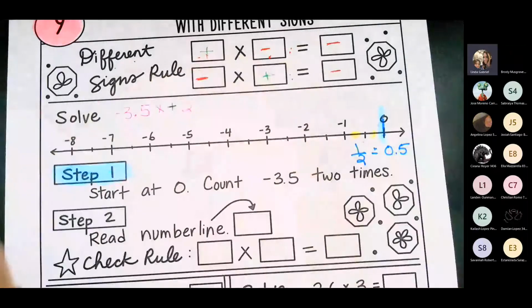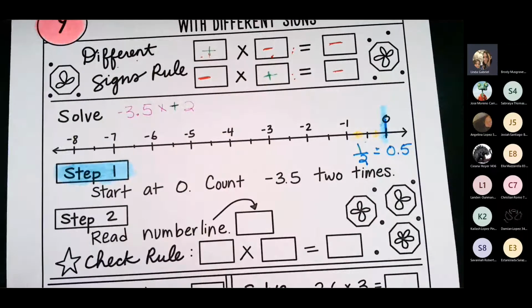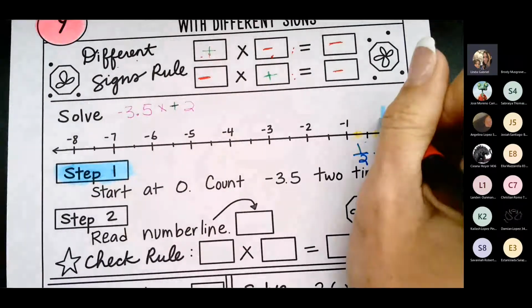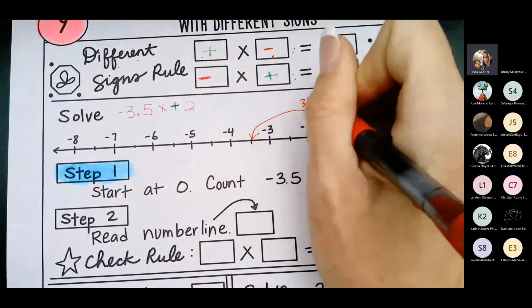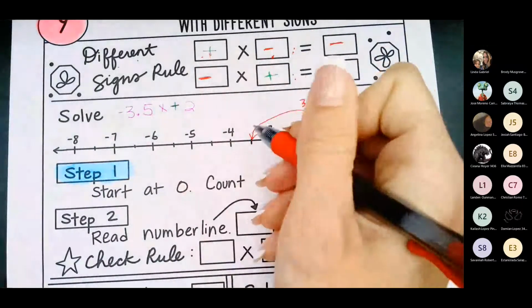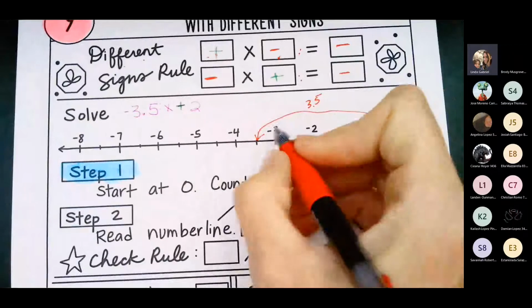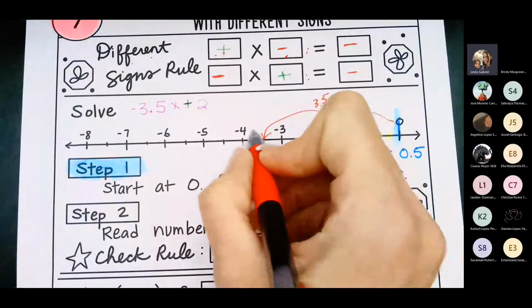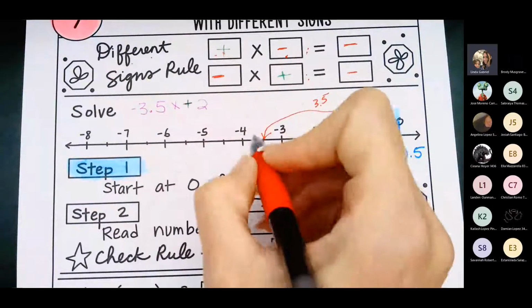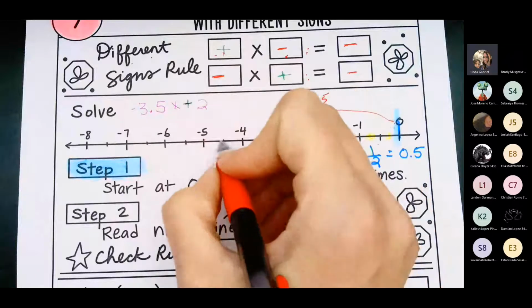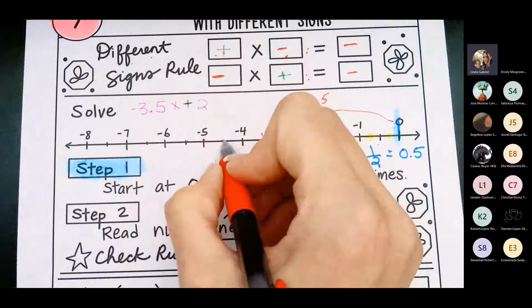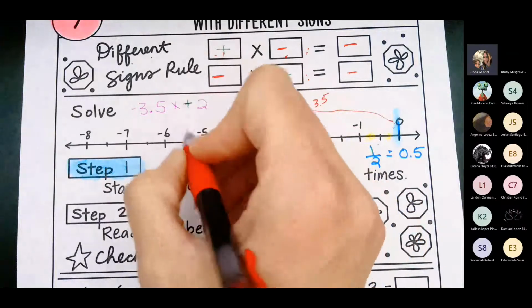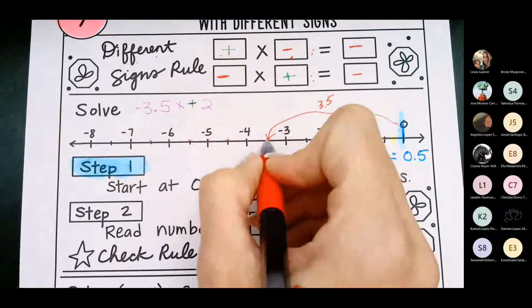So in order to go back, counting negative 3.5 2 times, right? Here's 3.5 once. And I'm going to go over 3.5 again. Here's 1, 2, 1, 2, 3.5.